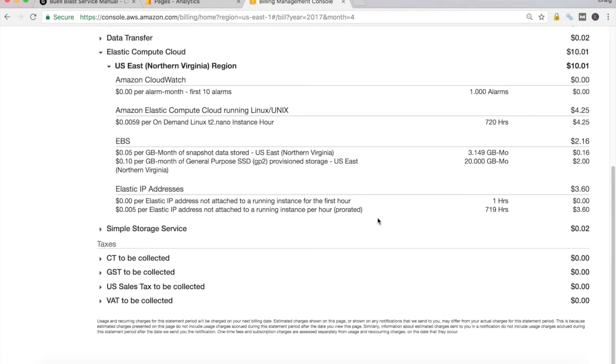That was an error on my part, so I got charged $3.60 for my error. You normally won't get charged for an Elastic IP address as long as it's attached to a running EC2 instance.